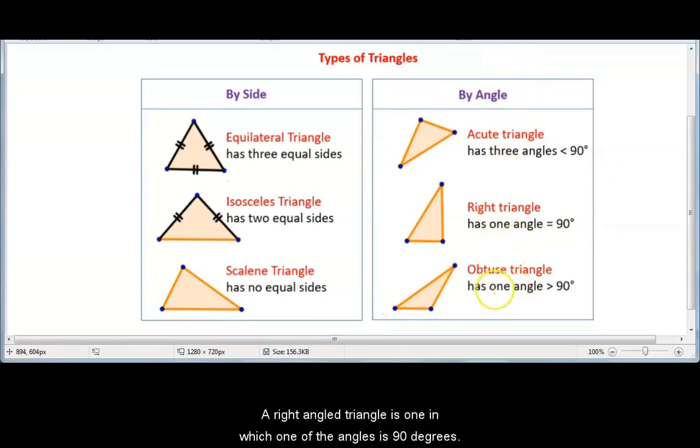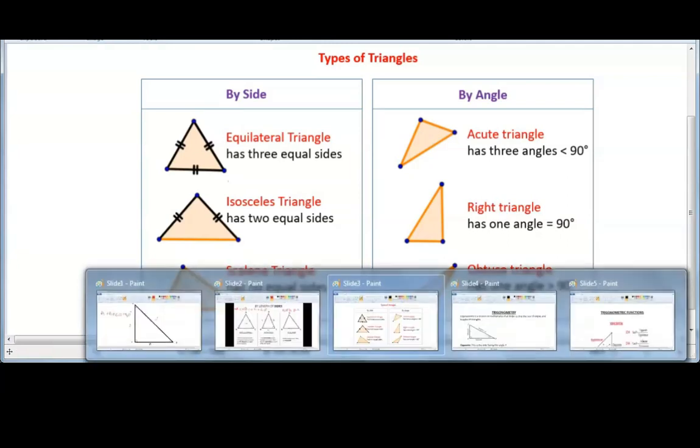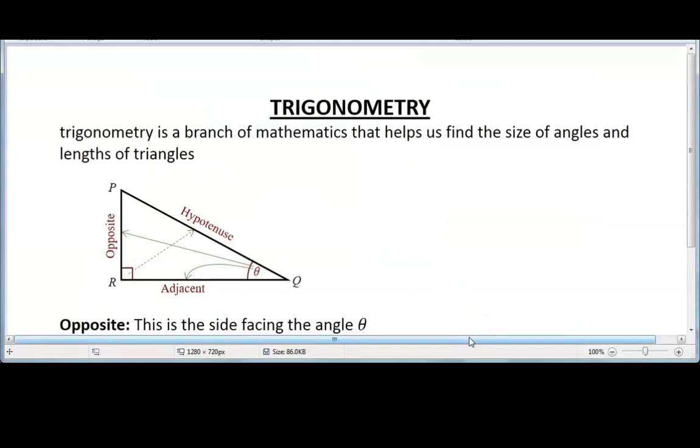A right-angled triangle is one in which one of the angles is 90 degrees. An acute triangle has three angles that each measure less than 90 degrees.